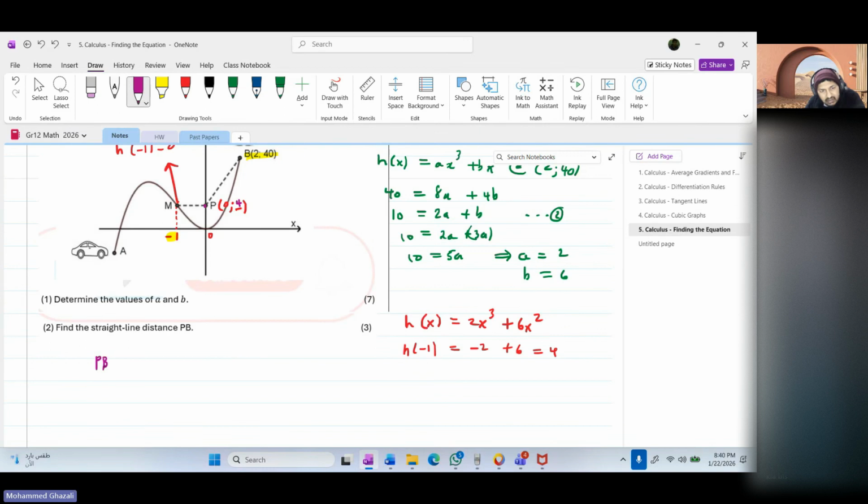So you can just use the distance formula. PB is equal to square root of 40 minus 4 squared plus 0 minus 2, or 2 minus 0, same thing. Right.